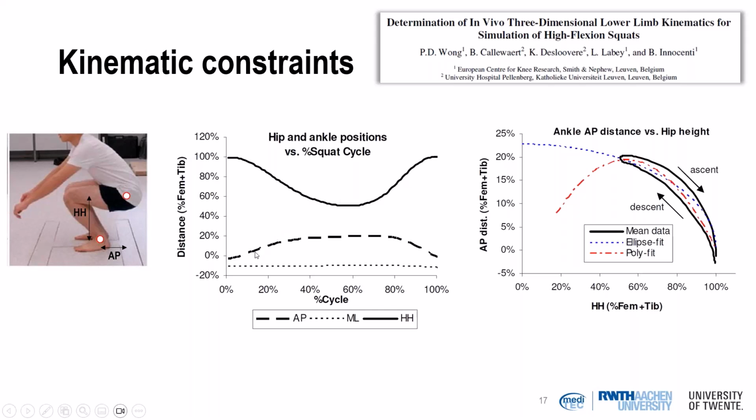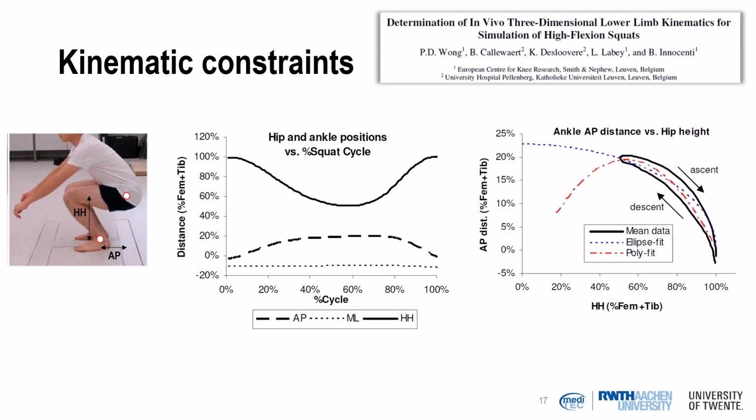In the anterior-posterior direction, the hip joint moves posteriorly while descending. So here it is at rest in the deepest position, and during ascent, it moves anteriorly again. And interestingly, the mediolateral relative position is constant over the squatting cycle.